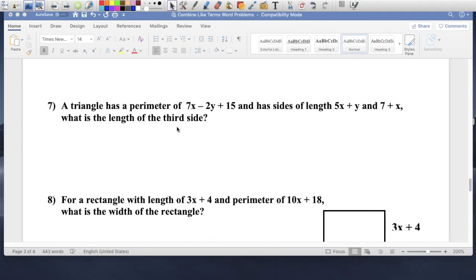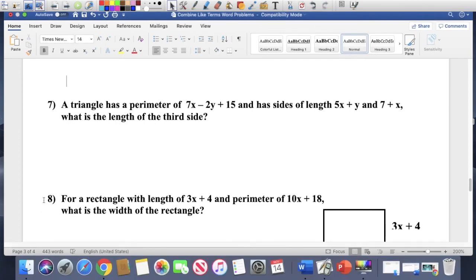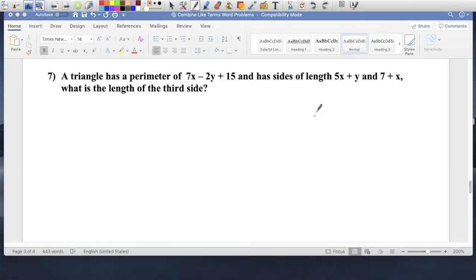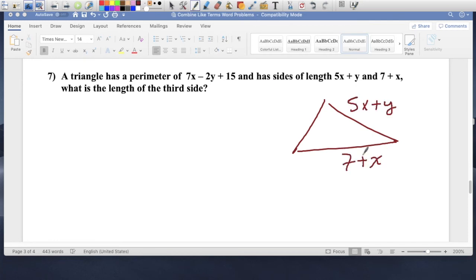Okay. A triangle has, so this one is the same thing, right? Triangle. So you can draw your triangle. You can say that this is 5x plus y, this is 7 plus x. This is the side we don't know.